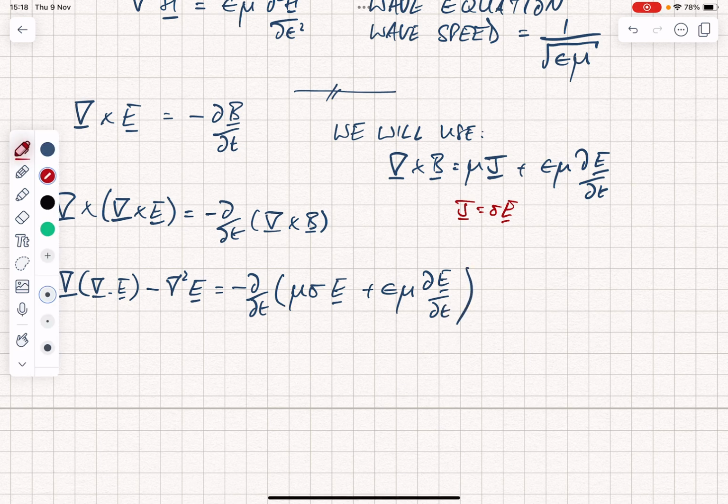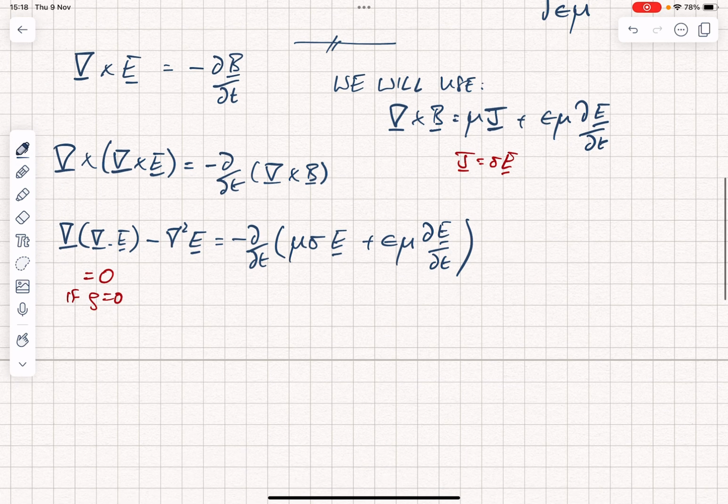So first of all, we note that div E is equal to 0 if rho is equal to 0. We're going to assume for now that there is no free charge, and so rho is equal to 0, so we can discard that term. And so we get the following. We find that del squared E, and I'm eliminating the minus sign on the left and the right, is equal to, again, setting sigma equal to 0, so dropping the first term on the right-hand side, epsilon mu d2E by dt squared.